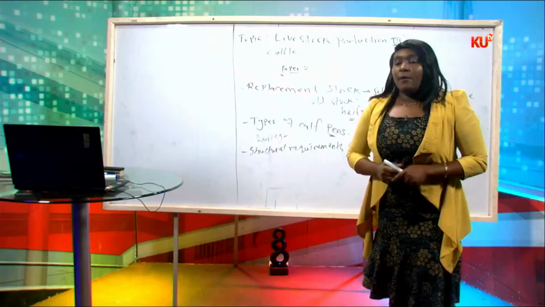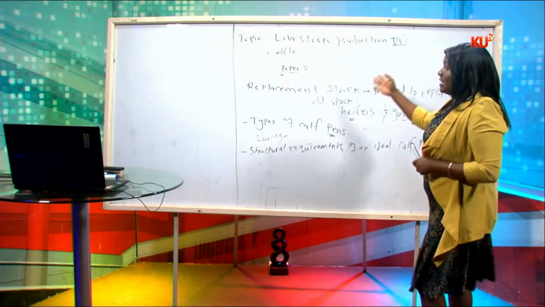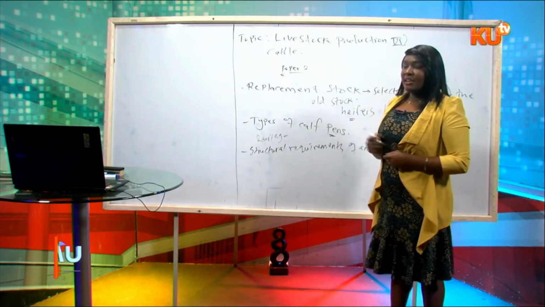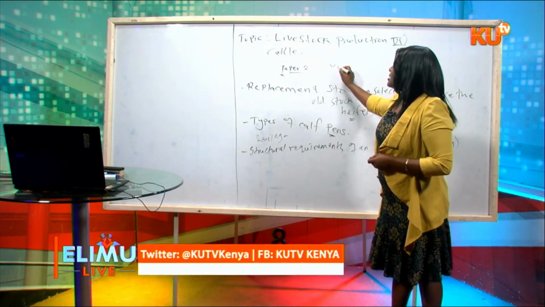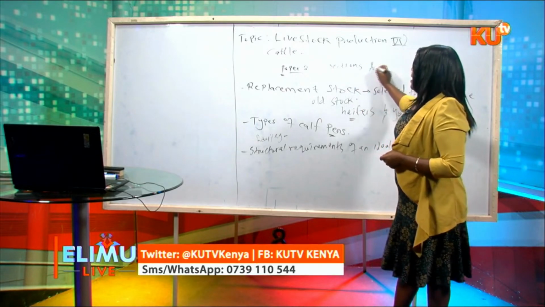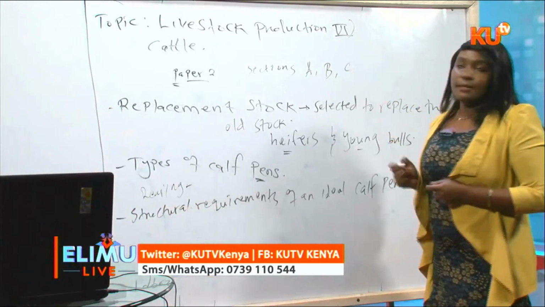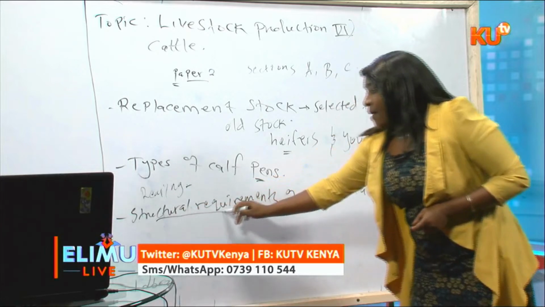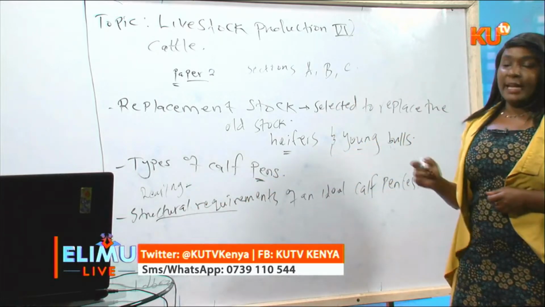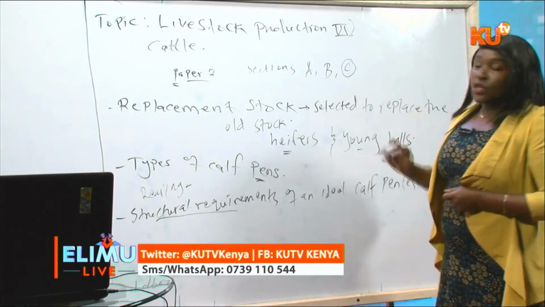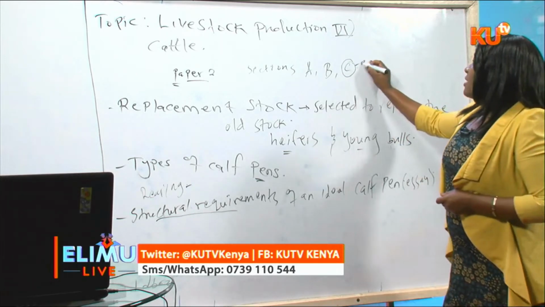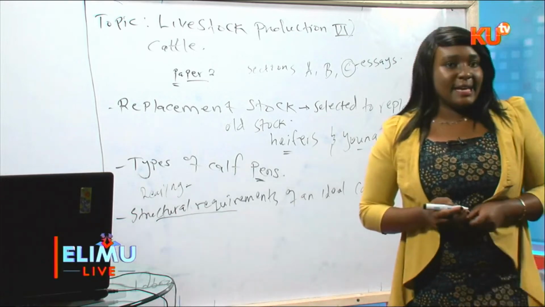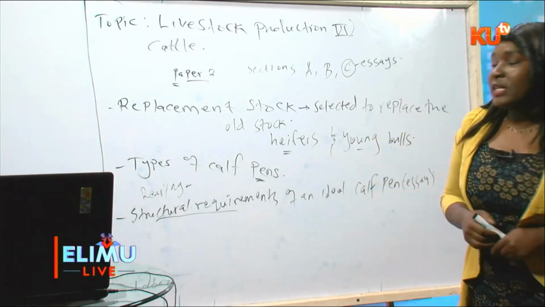At Form 4 level, by now you're familiar, we have already said that this is a topic in Paper 2, and you know in Paper 2 or in any paper in agriculture, we have sections A, B, and C. This bit of the structural requirements of an ideal calf pen is commonly tested in Section C, which comprises the essays, which can carry even up to 20 marks.